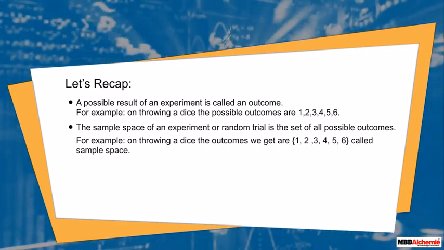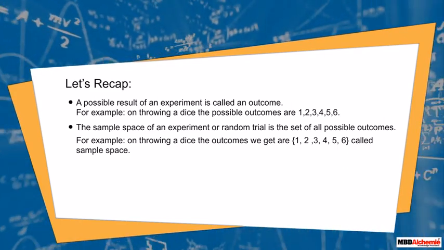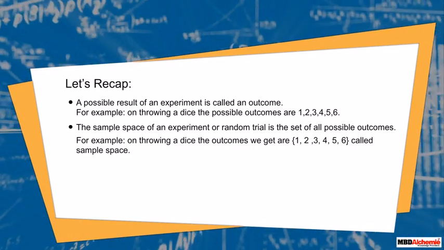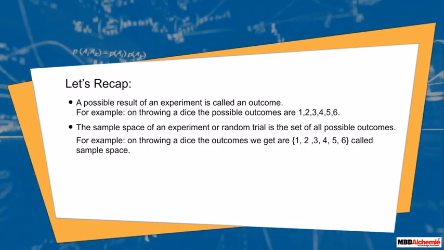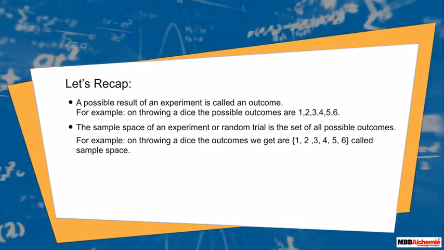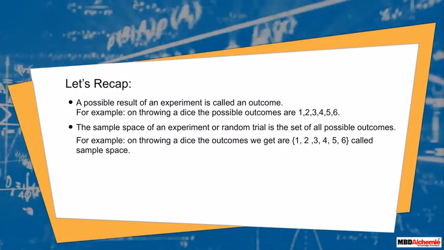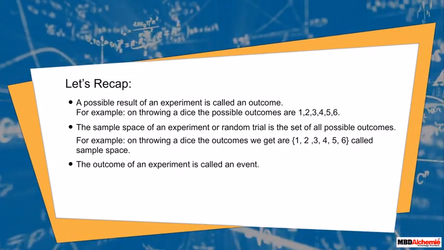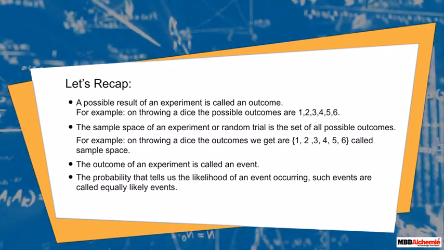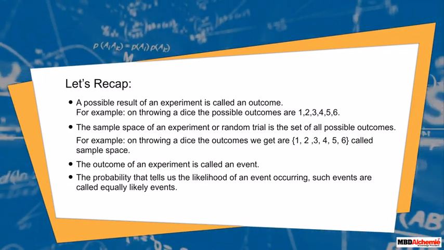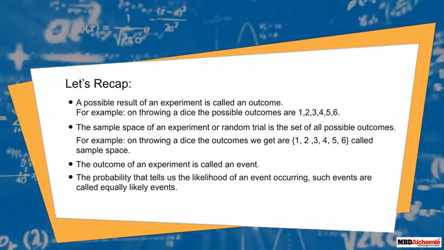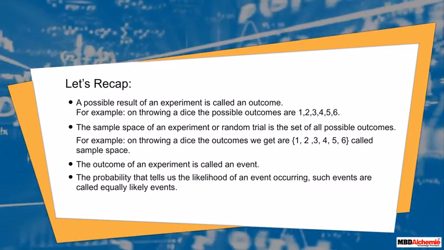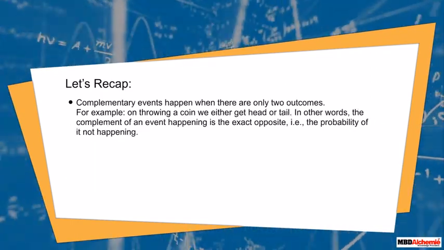For example, on throwing a dice, the outcomes we get are 1, 2, 3, 4, 5, 6, called sample space. The outcome of an experiment is called an event. The probability tells us the likelihood of an event occurring. Such events are called equally likely events.